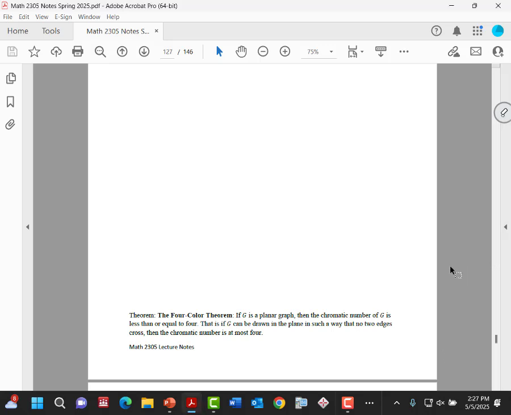The four-color theorem. If G is a planar graph, okay, so we have to remember what a planar graph is. That means I can draw the graph in the plane where no two edges cross each other. Think of an example, K4. What did K4 look like? This is our new favorite graph. It looked like this right here. If I have a planar graph, then the chromatic number of G is less than or equal to 4.